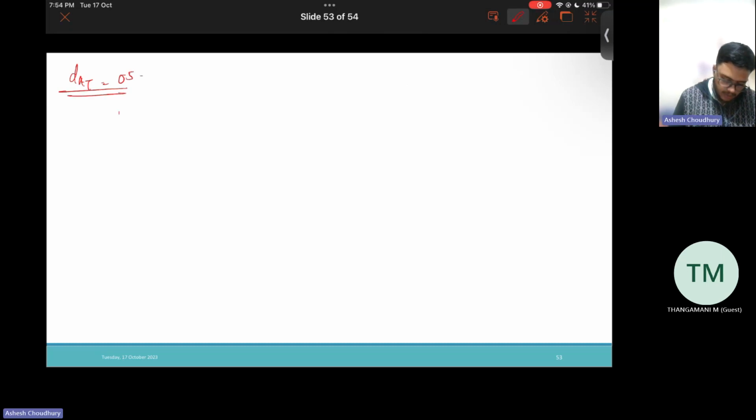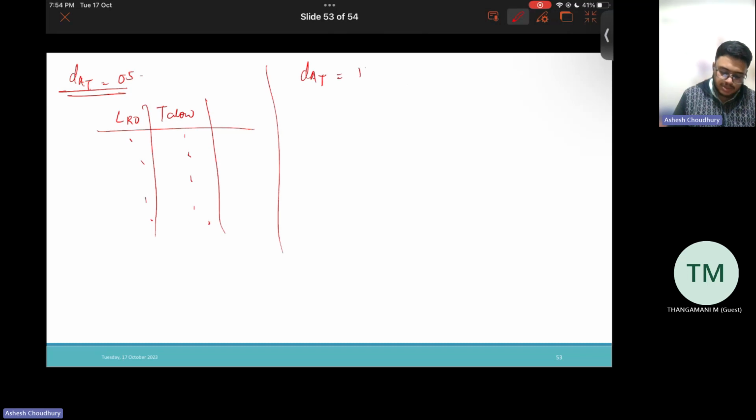And then we can vary this LR naught and this TLR. So here many values you will get, then again you can change the DAT, the depth, to say 1. Then again we can get values like this. So like this we can get many values.